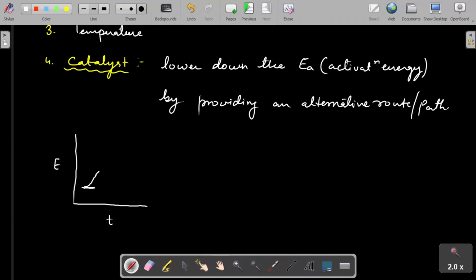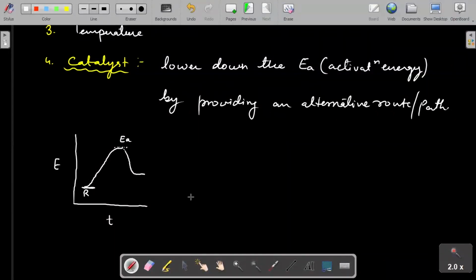Once sufficient energy is obtained by my reactant, we call it the activation energy. So it is the minimum energy which is required by the reactants to get converted into product. Once it gets that activation energy, it starts converting into product.